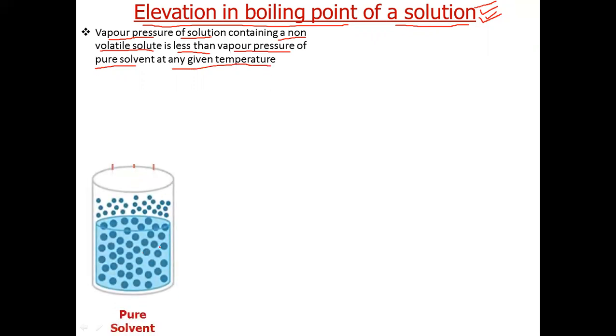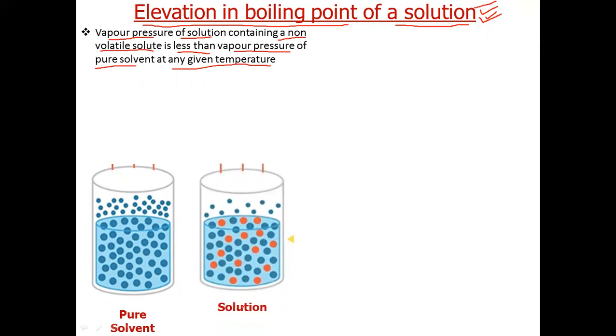Suppose it is a pure solvent and this is a solution prepared by adding non-volatile solute to it. When we have a pure solvent, a large number of solvent molecules go into vapor state and exert vapor pressure.